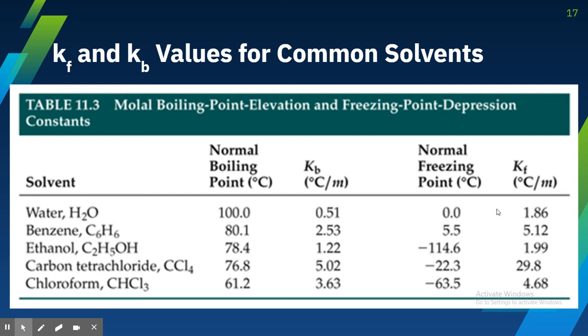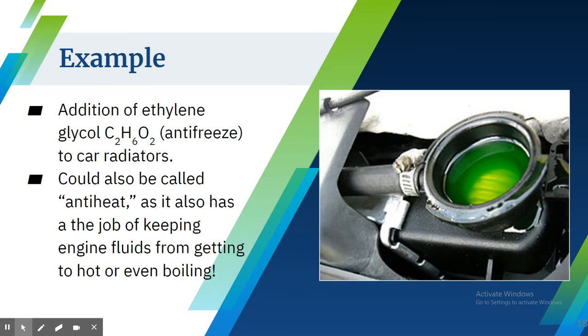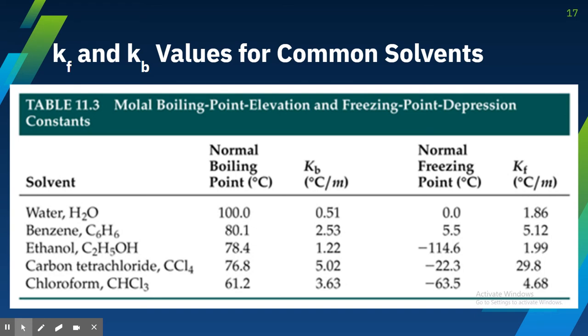And for every 1 mole of salt that you would dissolve, you would lower the freezing point 1.86. So if I only dissolved 1 mole of solute in my kilogram of water, instead of water freezing at 0 Celsius, it would freeze at negative 1.86 degrees Celsius.